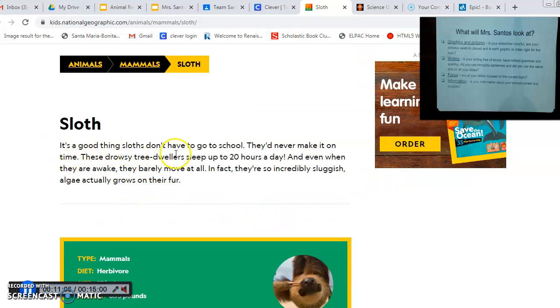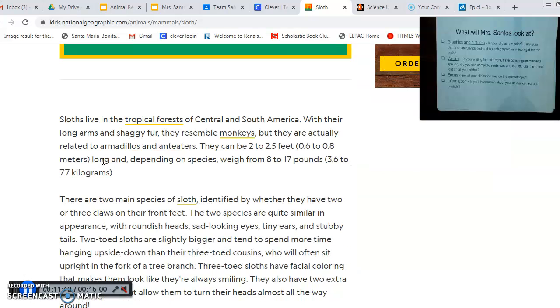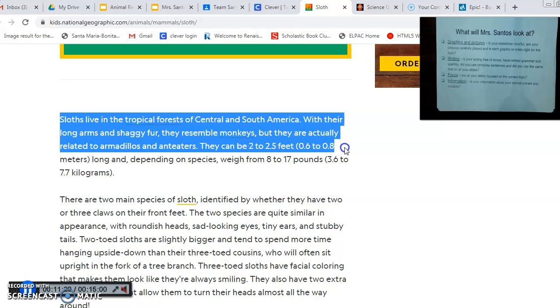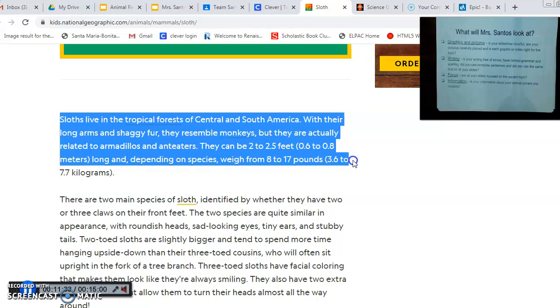It's a good thing sloths don't have to go to school. They never make it on time. Doesn't really talk about where it lives. But if I go down here, sloths live in the tropical rainforests of Central America. With their long arms and shaggy fur, they resemble monkeys, but they are actually related to armadillos and anteaters. They can be 2 to 2 feet long, and depending on species, weigh from 18 to 17 pounds.